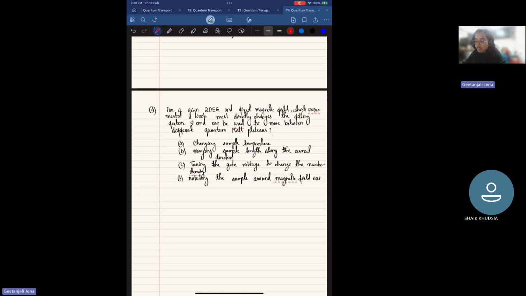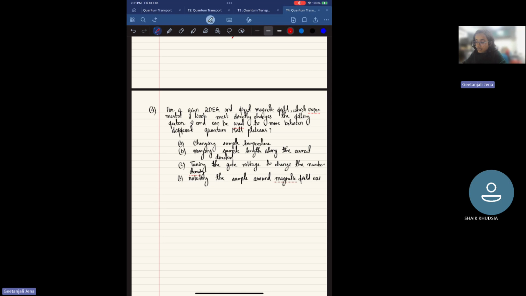Whether by changing the sample temperature, it's possible to move between the plateaus, or varying the sample length along the current direction, tuning the gate voltage to change the number density, or rotating the sample around the magnetic field axis. Which of these will give an experimental knob to move between two different quantum Hall plateaus?